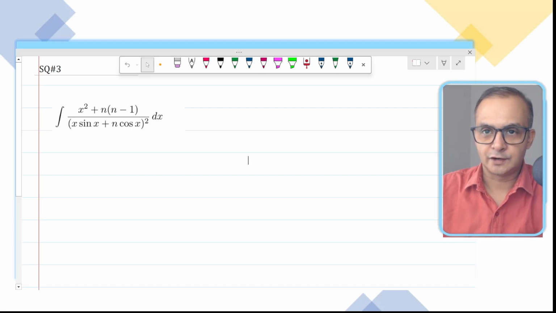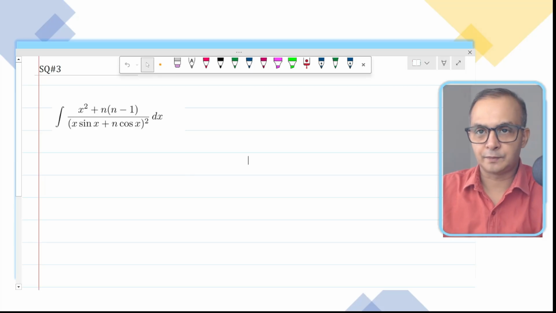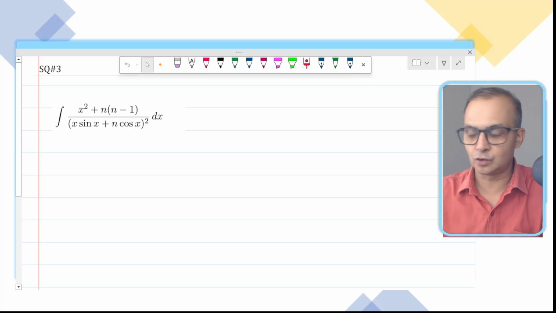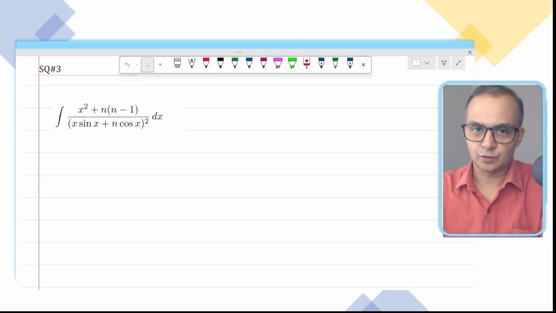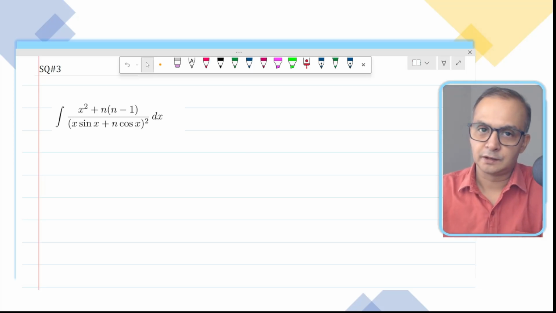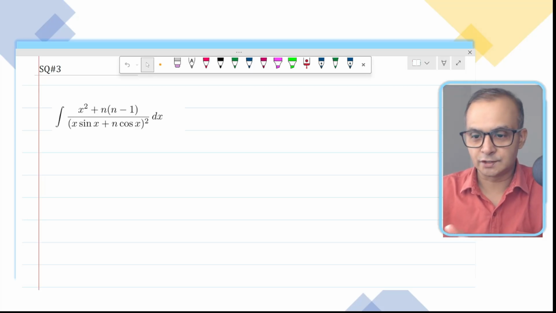So the first question is x squared plus n into n minus 1 divided by (x sin x plus n cos x) the whole square. The JEE Main questions that we have seen in recent years know such limitations and such bounds in the techniques.